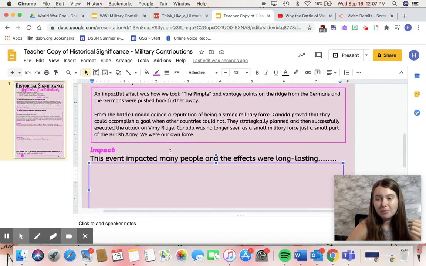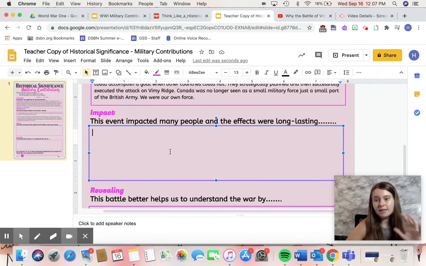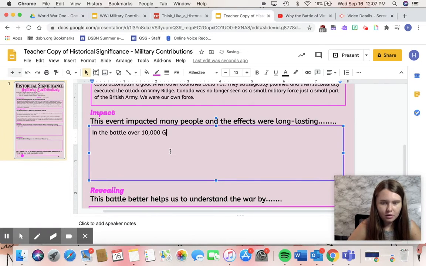So here's probably a good place for us to talk about the deaths, the casualties, and the prisoners. Let's talk about the Germans first. In the battle, we know from our primary source that over 10,000 Germans were taken prisoner.